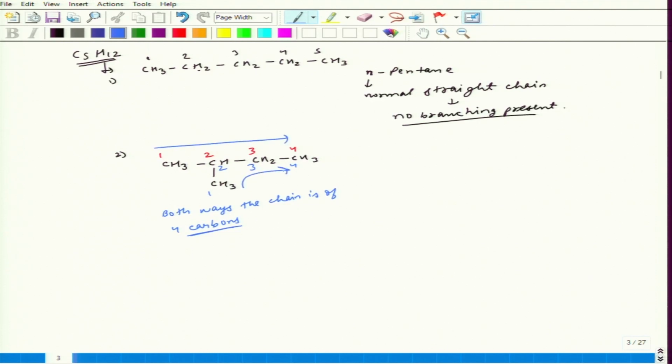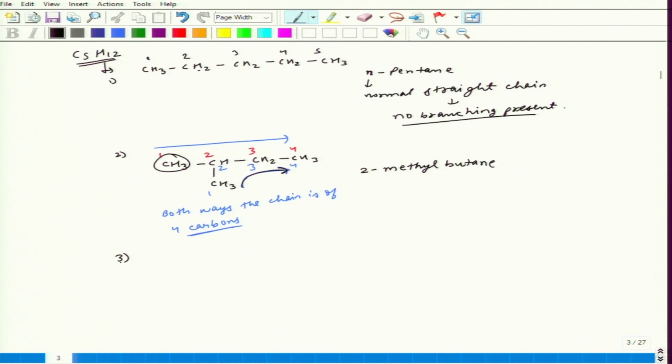So, there is no difference. Okay. So, what is the name of this one? There is a substituent on position number 2, and what is the substituent? It is called methyl, right. So, 2 methyl. How many carbons are there in the longest chain? 4 carbon. That means butane. So, it is 2 methyl butane.